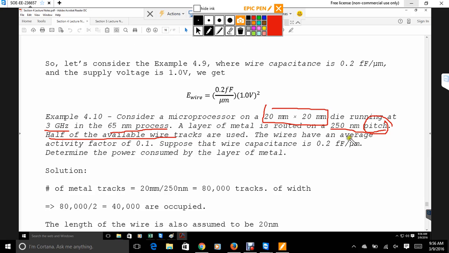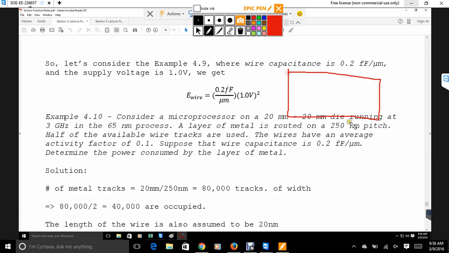Just like the previous problems, we're going to suppose that the wire capacitance is 0.2 femtofarads per micrometer, and we're going to determine the power consumed by this whole layer of metal. The first thing is to calculate our length.